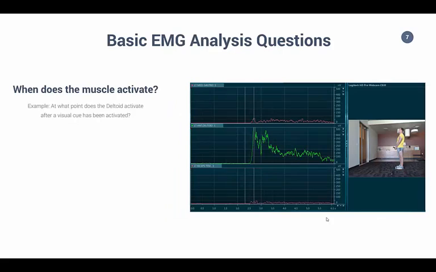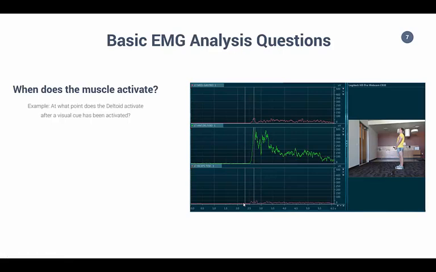Additionally, we can also see when the muscle is activated. So not necessarily is it just on or off, but precisely when does the muscle activate? In this example, we're looking at, does the deltoid activate at the proper time after being cued from a visual stimulus?